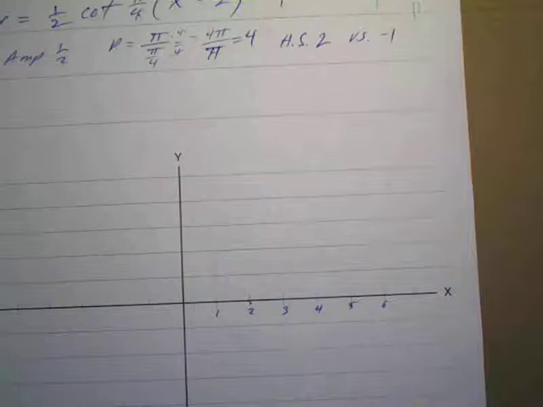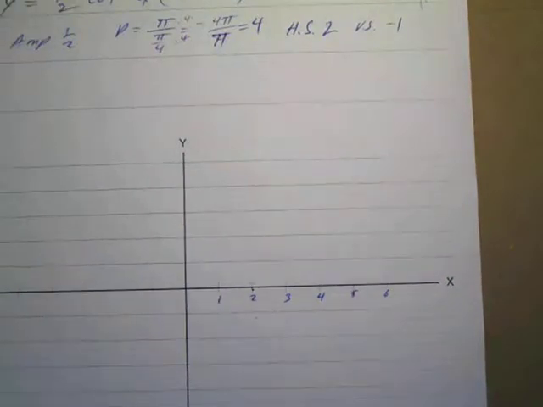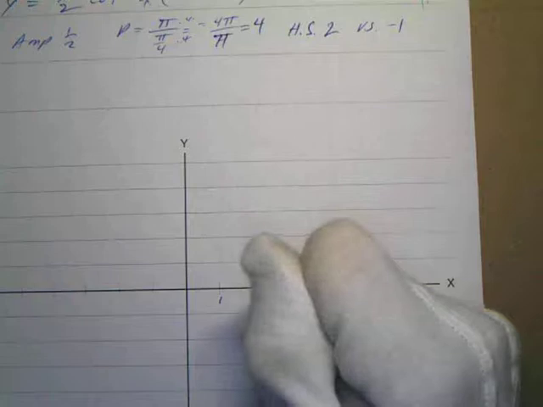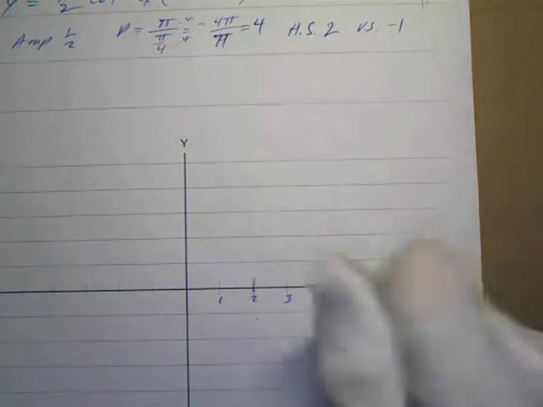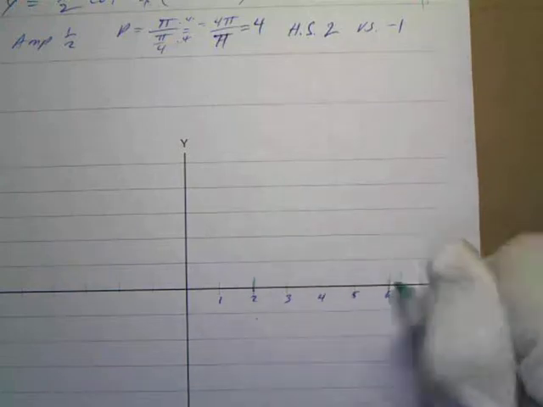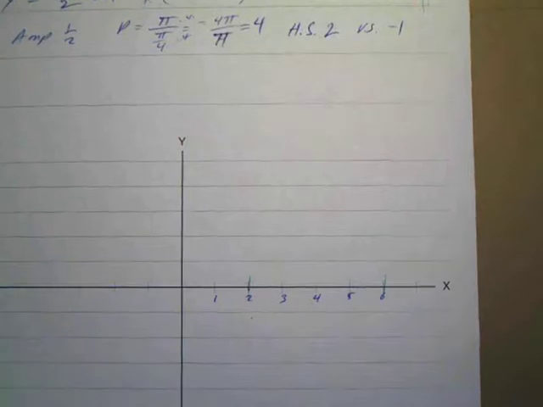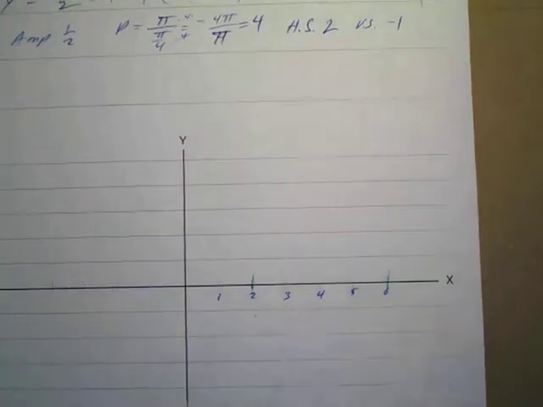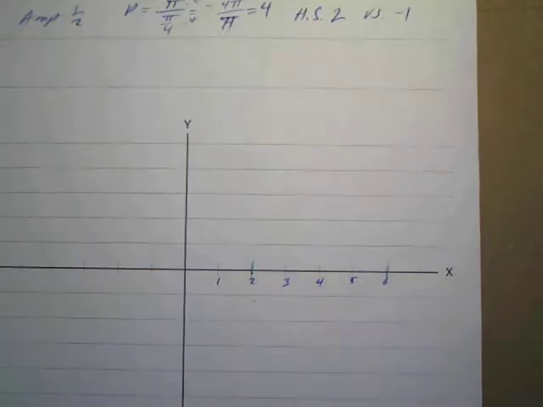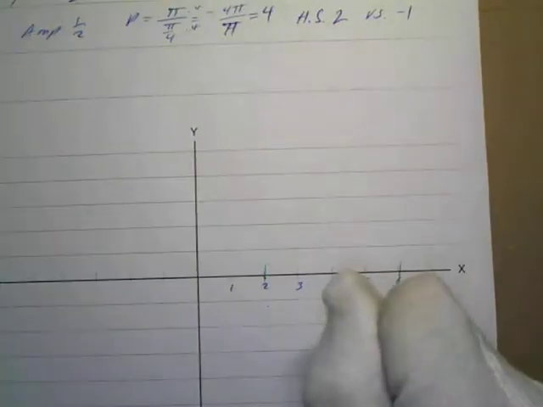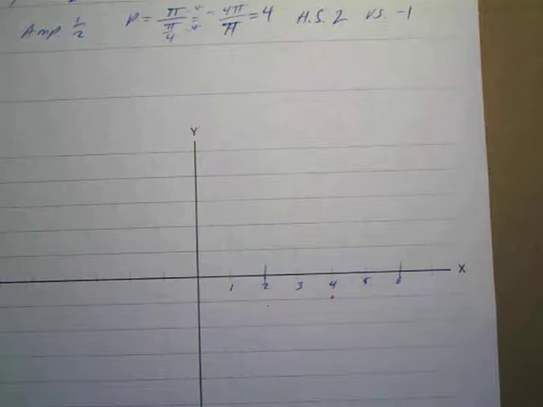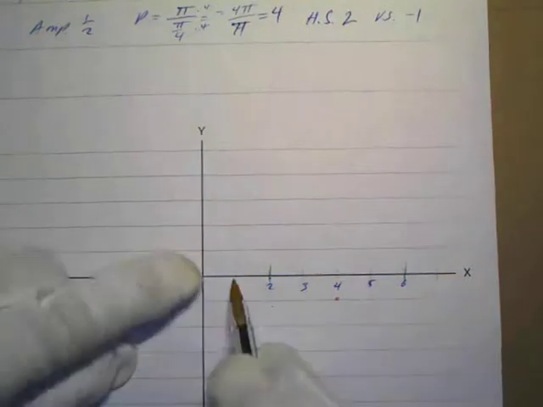And remember, the asymptotes are going to be right at the edge of the period. So these would be the asymptotes. Okay? And the zero's in the center, except it's going to go down 1, so my 0 will be here. All right? Normally it's here.